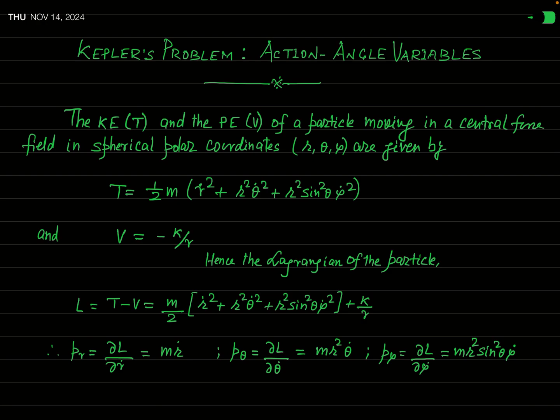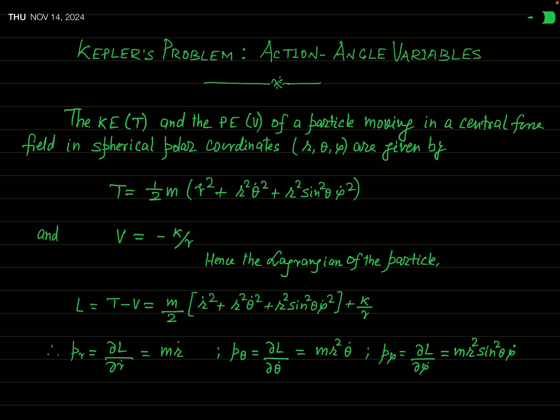So today, as an application of the concept of action angle variables, we are going to see this particular problem, which is called Kepler's problem, because the action angle variable is used to find the frequency of periodic motion. When we say that we are going to solve Kepler's problem using action angle variables, that means we have to prove Kepler's third law.